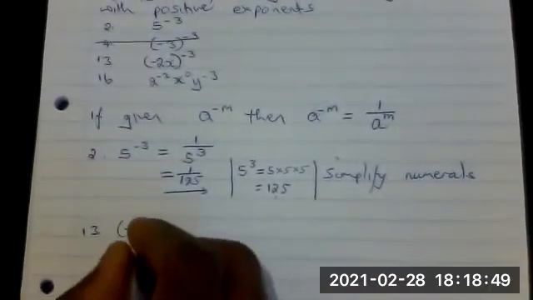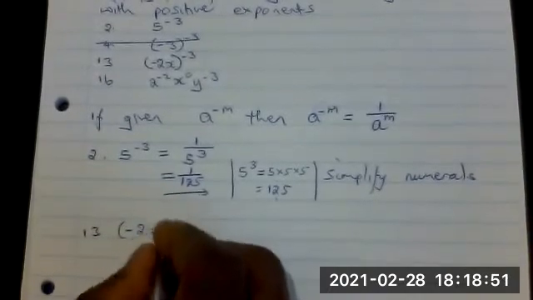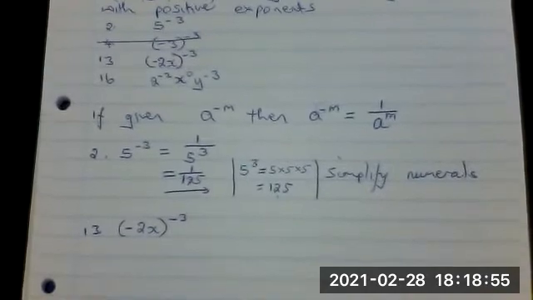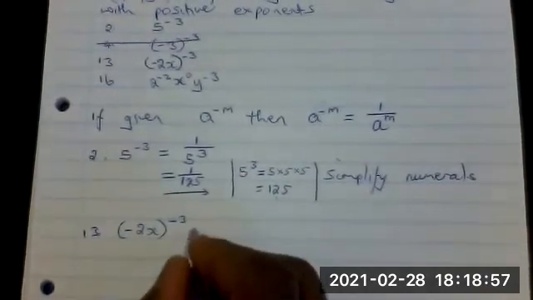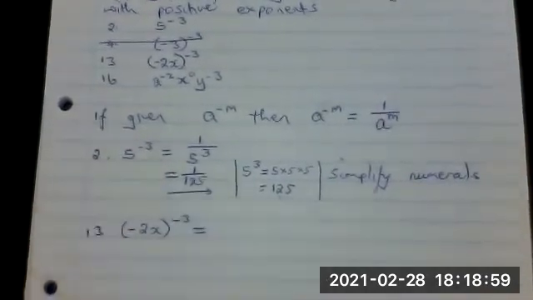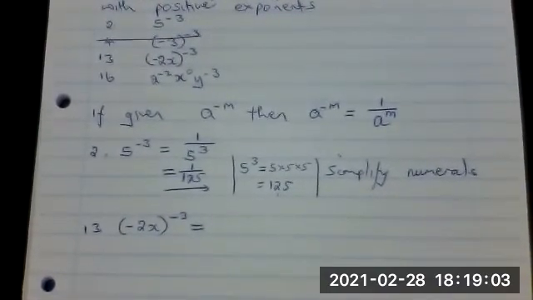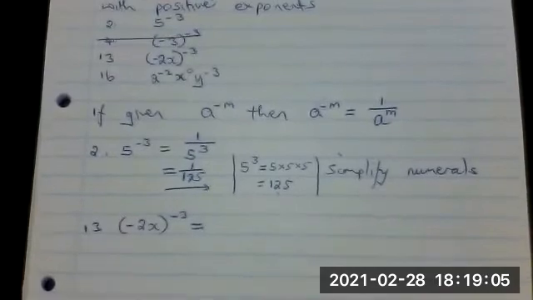Number 13 is negative 2x in brackets, exponent negative 3, right? Since our bracket has a negative exponent, it means our bracket is going to be in the denominator.